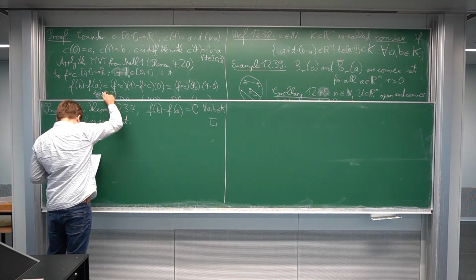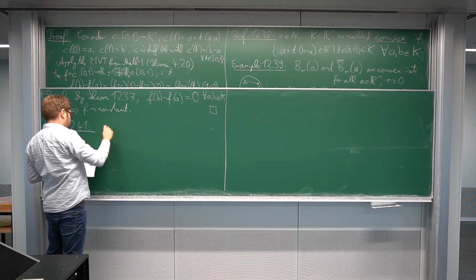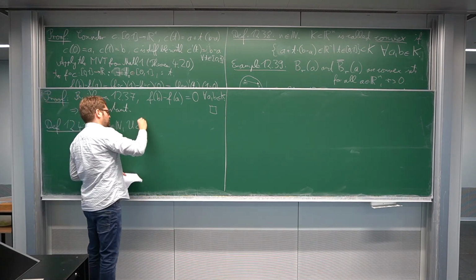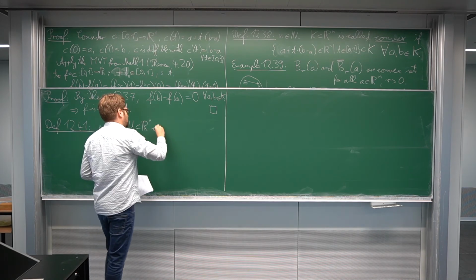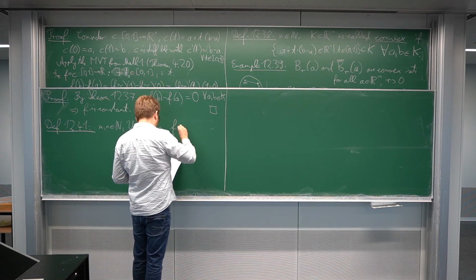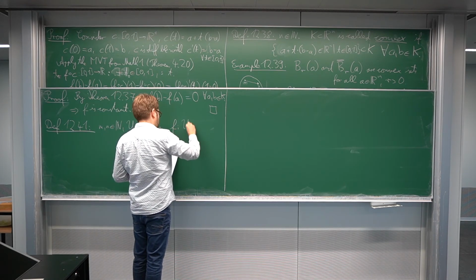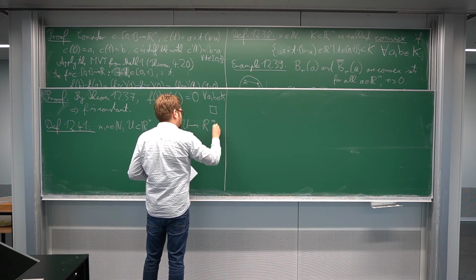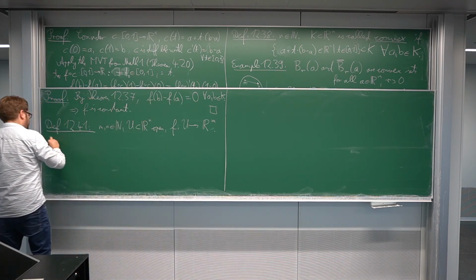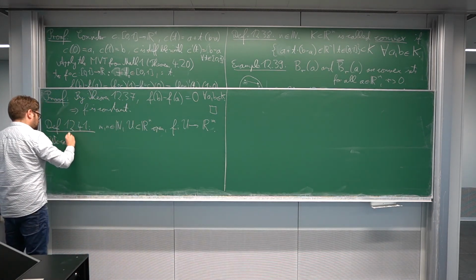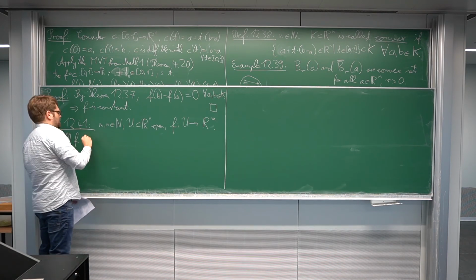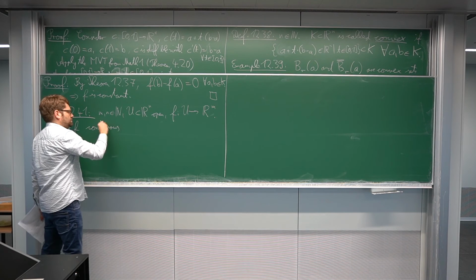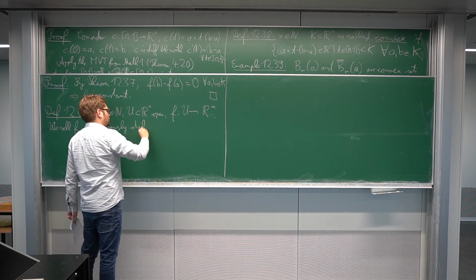Namely, we consider M and N in the natural numbers, let U be an open subset of Rn, F from U to Rm. So we call F continuously differentiable, also generalizing a notion from before.